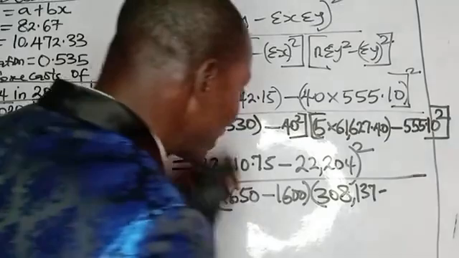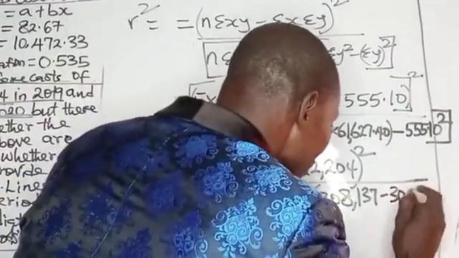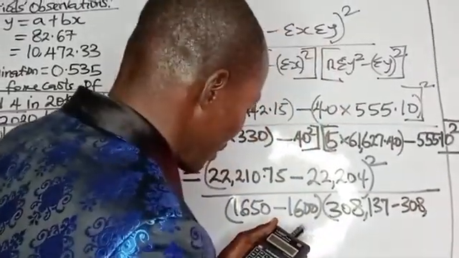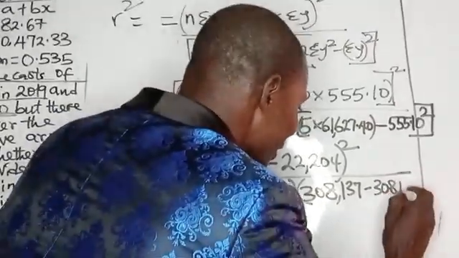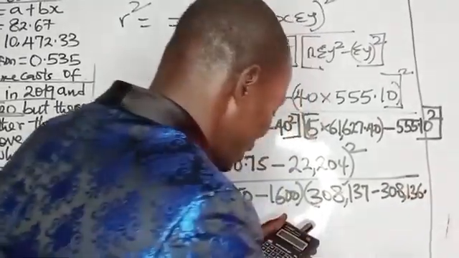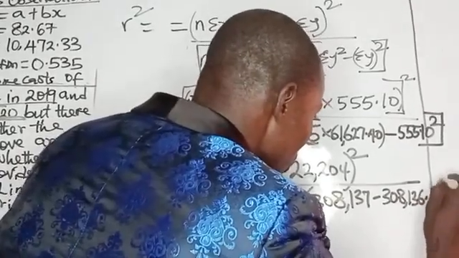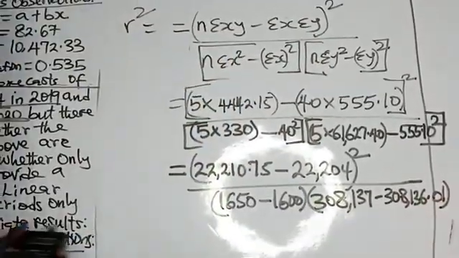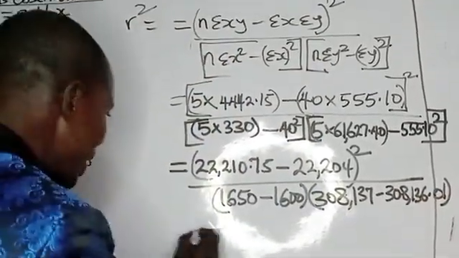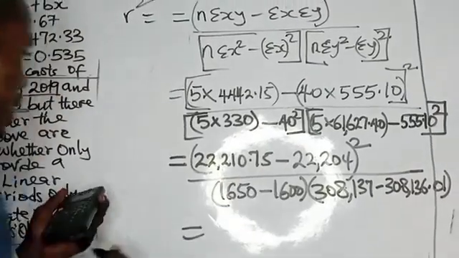That gives us 308,136.01. So, what is the difference between this and this? This minus this.